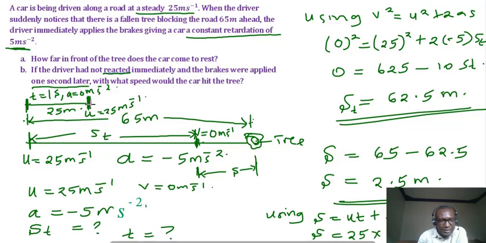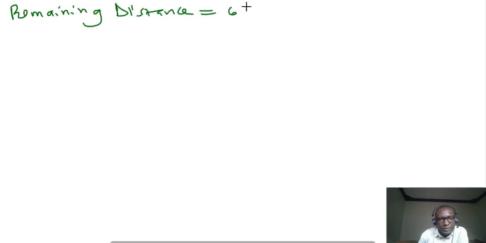So how much distance are we left with that the driver has to move until he reaches the tree? So we are going to get 65 minus this 25 to get the distance which is remaining. So remaining distance is going to be equal to 65 minus 25, and this gives us 40 meters. That's the distance that is remaining.